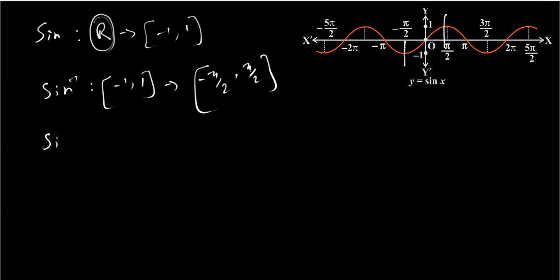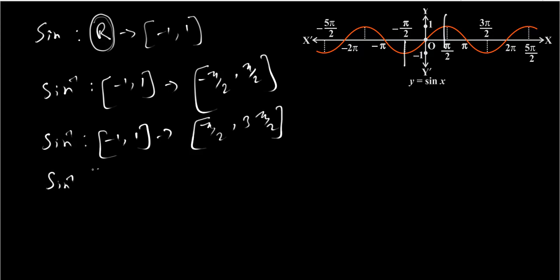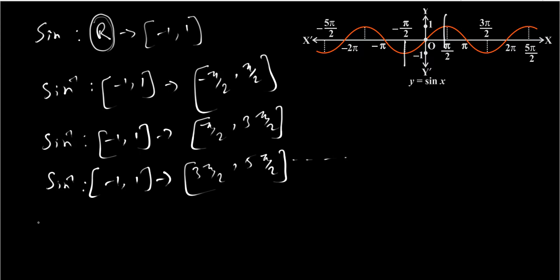So sine inverse from minus 1 comma plus 1 to, we can take other branches also, pi by 2 to 3 pi by 2. Sine inverse from minus 1 comma plus 1 to 3 pi by 2 to 5 pi by 2. It will go on increasing in the positive side, and on the negative side also, we have taken from minus pi by 2 to plus pi by 2.